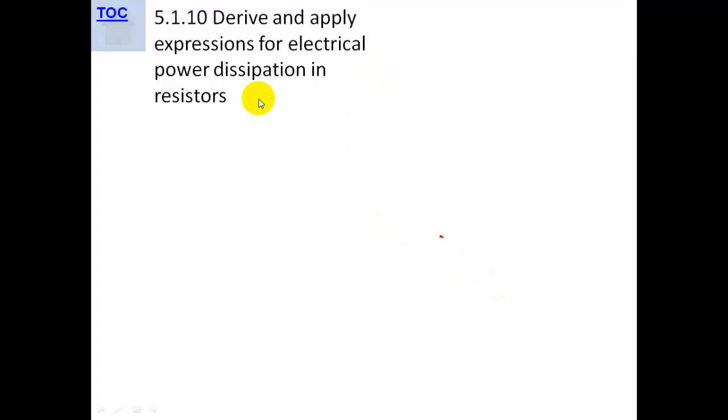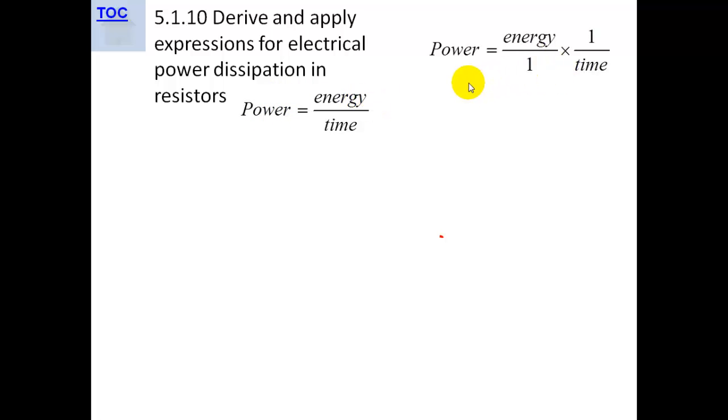Derive and apply expressions for the electrical power dissipation in resistors. We know the power is equal to energy divided by time. We can express it this way. We can also say energy divided by charge times the charge over time. This is the same thing.